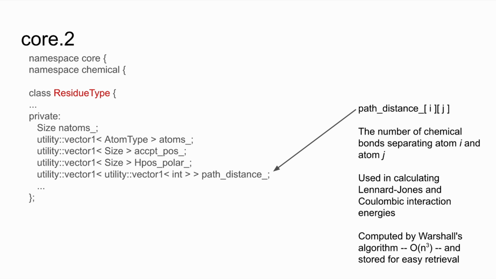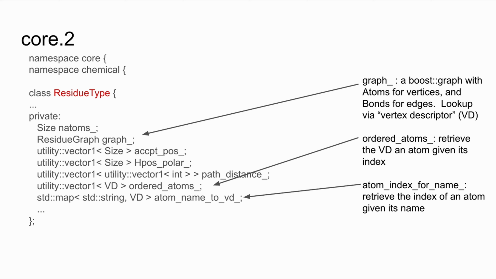Path distance is, for example, the number of chemical bonds separating atom I and J in a residue type, and that's really used in calculating Lennard-Jones potentials and Coulombic interactions. So yeah. What else? Ordered atoms. The graph is in here, the residue graph is in here, and then you have ordered atoms, with atoms for vertices and bonds for edges.